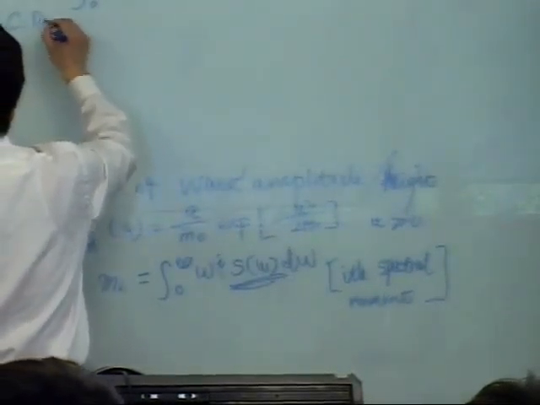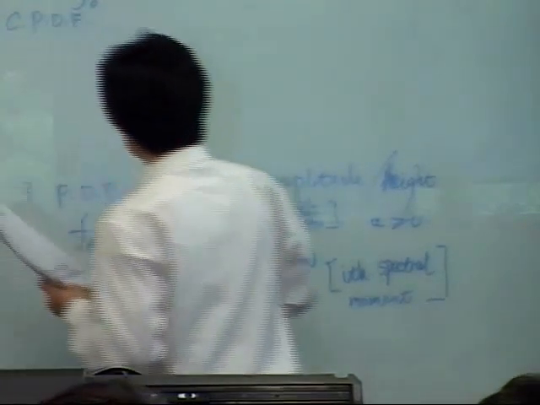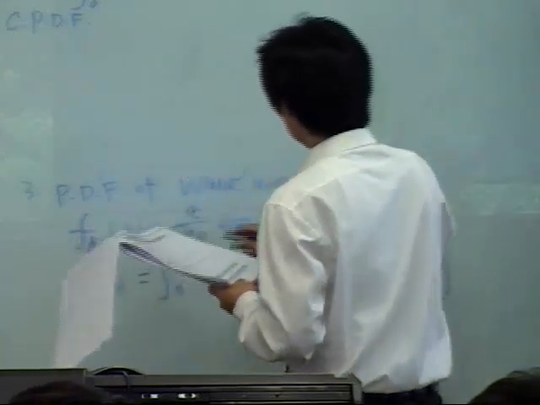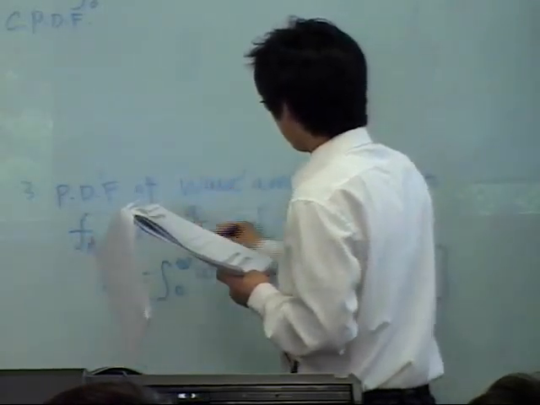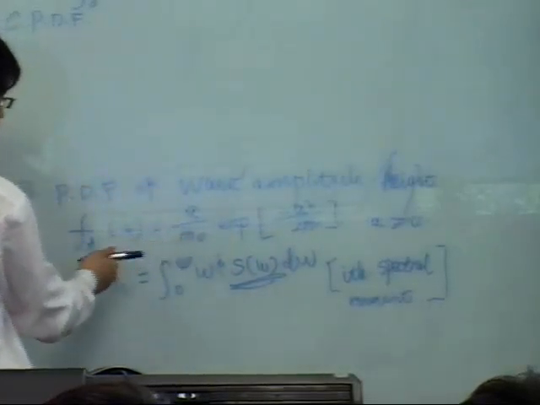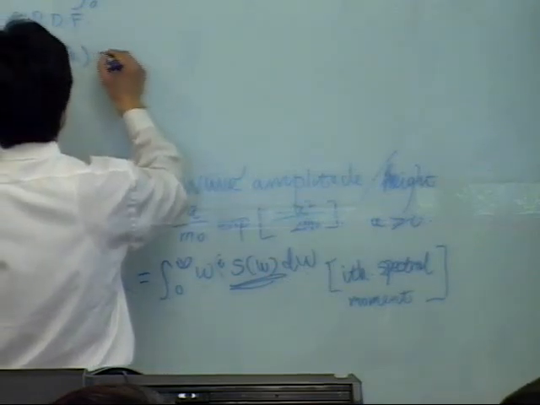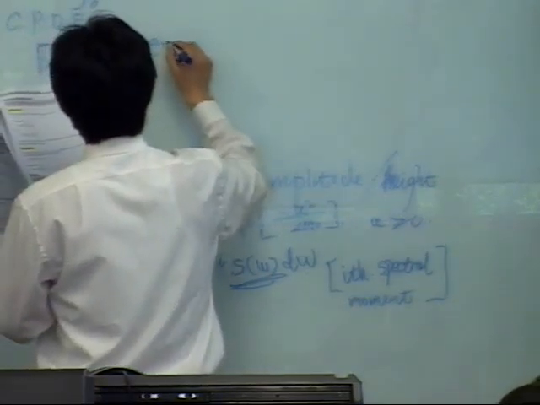And then the cumulative PDF, if we do an integration with this distribution, we'll find it is 1 minus exp.